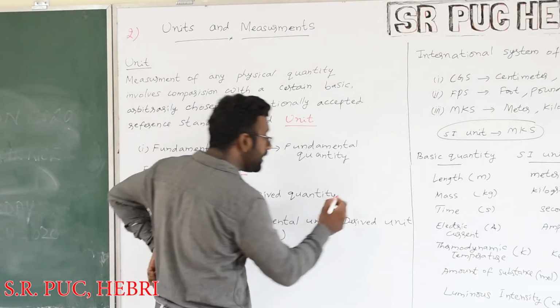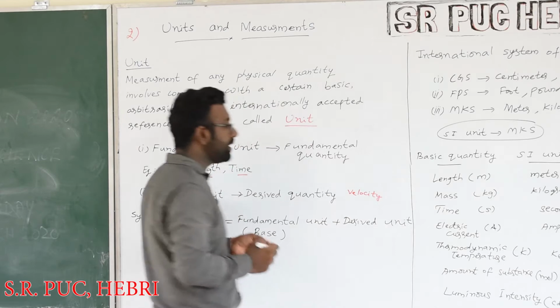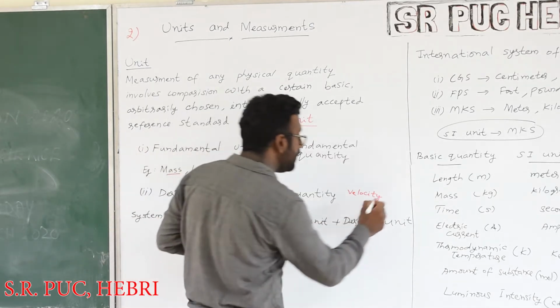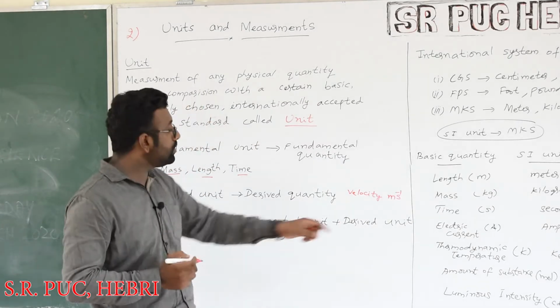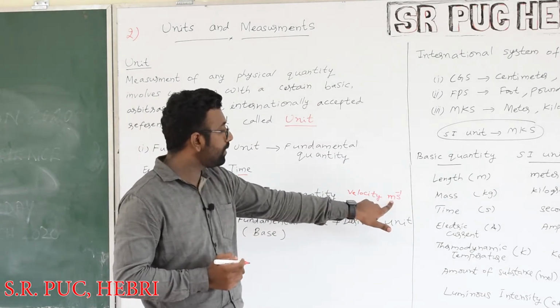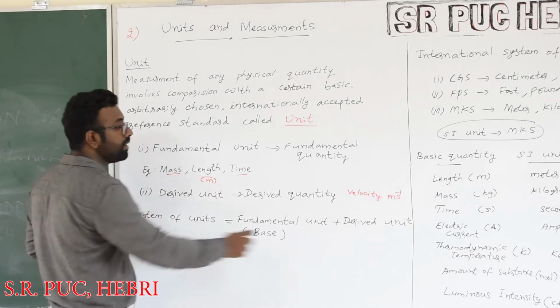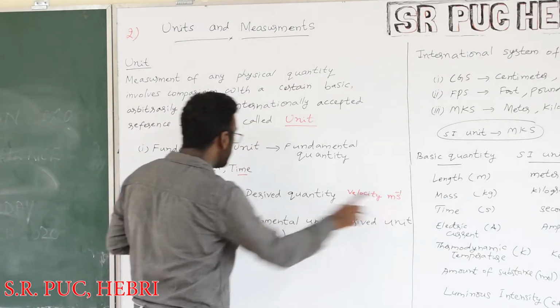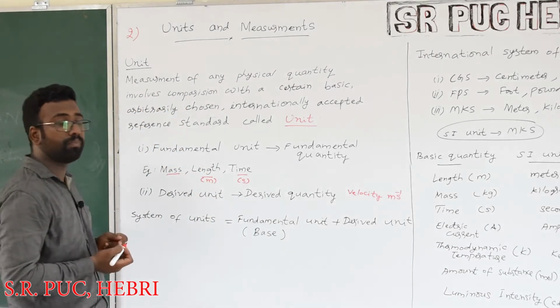A derived quantity may be velocity. You people have studied this in your high school, right? How do you write velocity? Velocity is meter per second, correct? Do you see here meter? Meter is nothing but the unit of length, right? You see time, correct? So second is the unit of time.